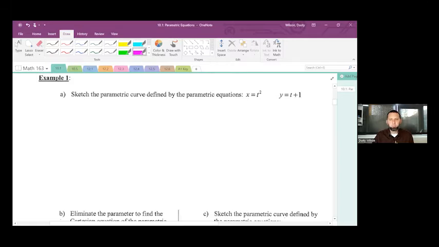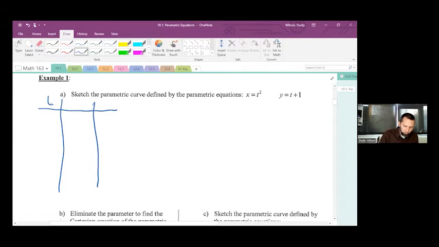Example 1, part A. Sketch the parametric curve defined by the parametric equations x equal to t squared and y equal to t plus 1. Let's start old school with a table. This table is a little different than tables we've worked with in the past because it will include t's, x's, and y's. So we have this extra column for the parameter t.